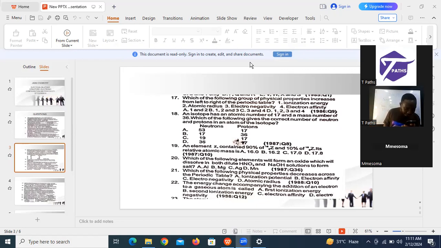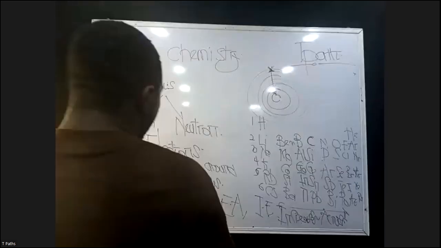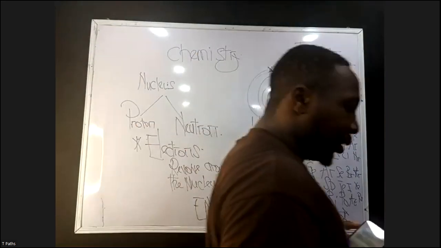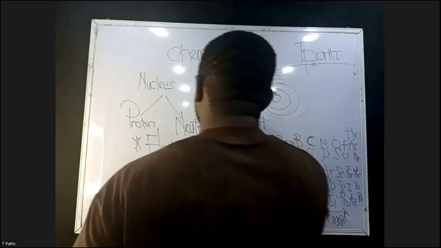Now, we are told here that an isotope has an atomic number of 17 and a mass number of 36. Which of the following gives the correct number of neutrons and protons in an atom of the isotope? Let's quickly clean this board. Please understand the question very well so you can answer it well.